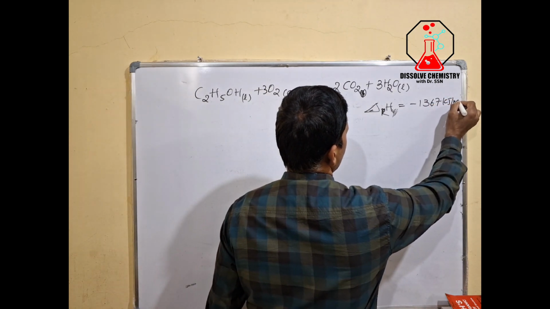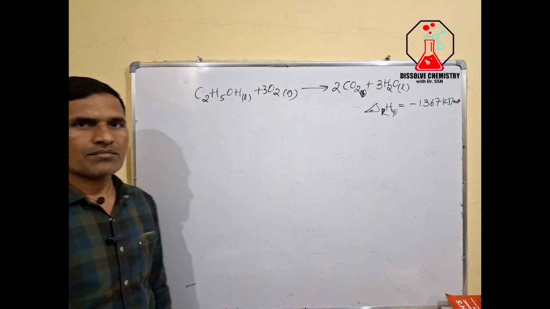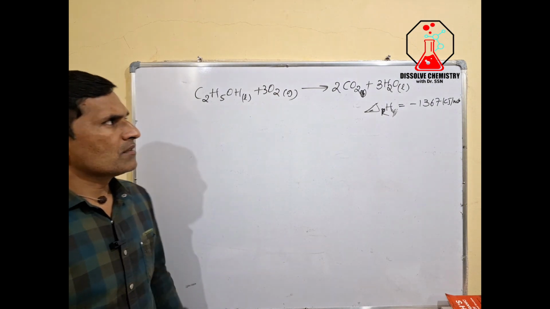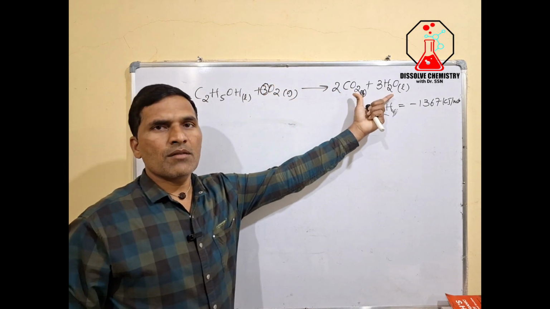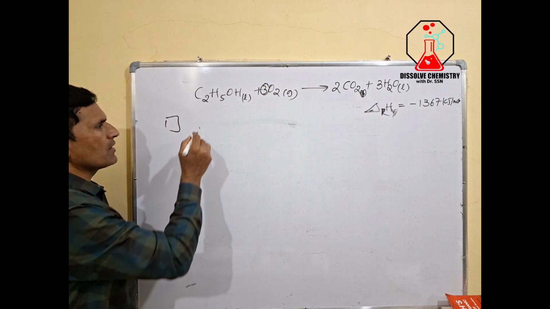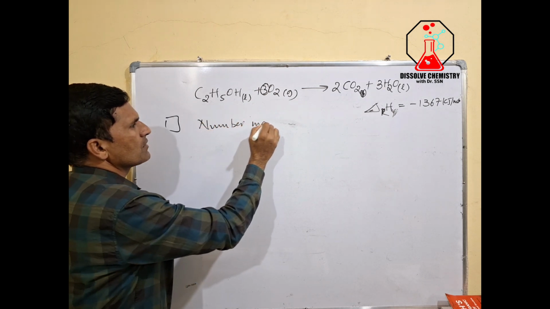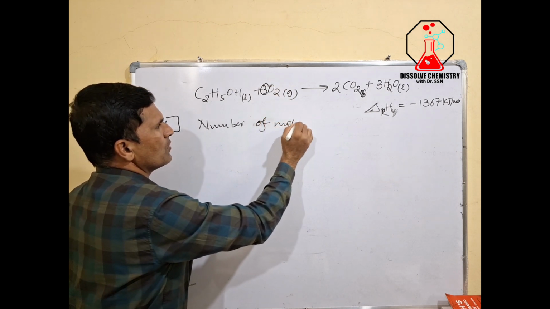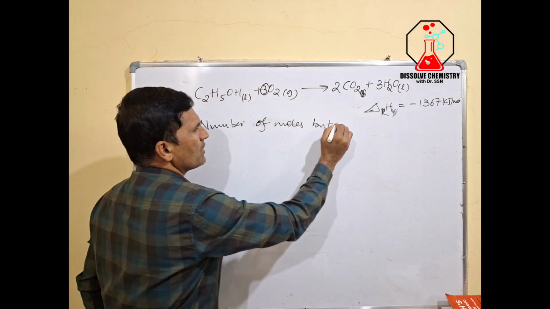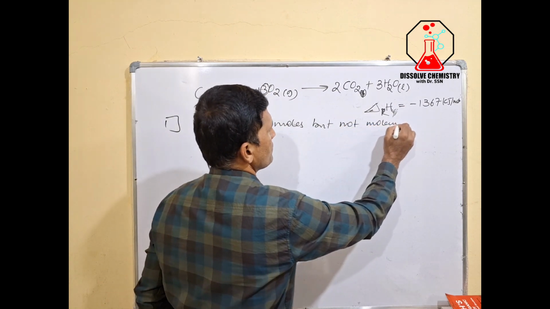kilojoules per mole. Now when we look into this equation, the stoichiometric coefficients in the thermochemical equation always represent number of moles, but not molecules.